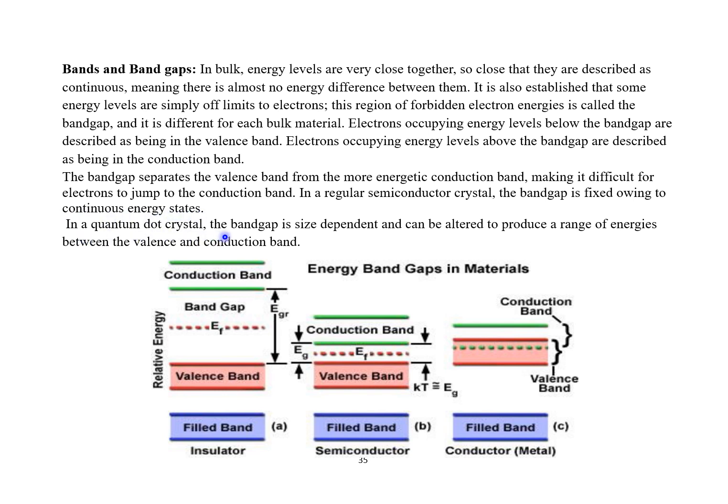In quantum dot crystal, the band gap is size dependent يعني تعتمد على الحجم and can be altered to produce a range of energies between the valence and conduction bands. إذن ما راح تكون continuous في حالة الكوانتم دوت. في حالة البالك ماتيريال الباند تكون continuous. في حالة الكوانتم دوت ما راح تكون منفصلة، فلذلك ما راح تكون مستمرة. لذلك الباند جاب راح تتغير في حالة الكوانتم دوت نتيجة تغير هذه الحزم.